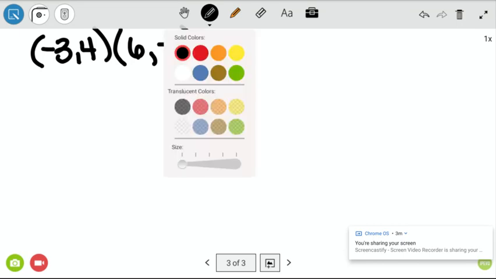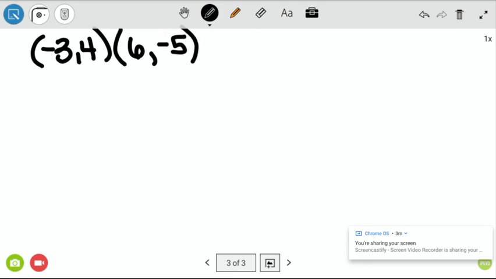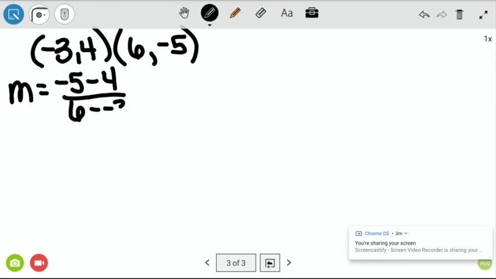All right, so we're going to find the slope. So for our slope, I'm going to take y2 minus y1 over x2 minus x1. Double negative becomes a plus. So this would be negative 9. 6 plus 3 would become a positive 9. So this time I'm working with a slope of negative 1.